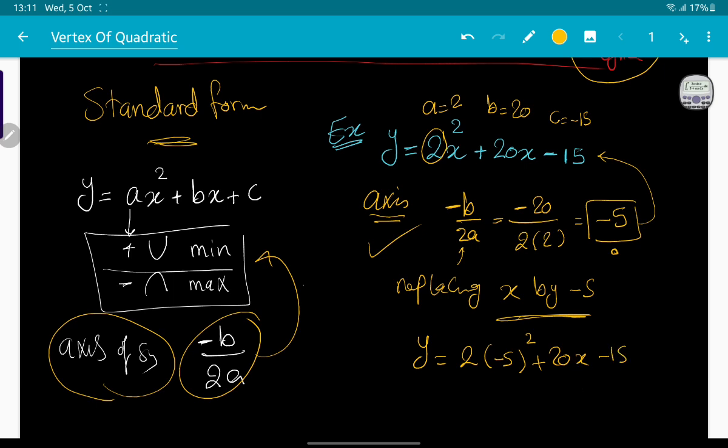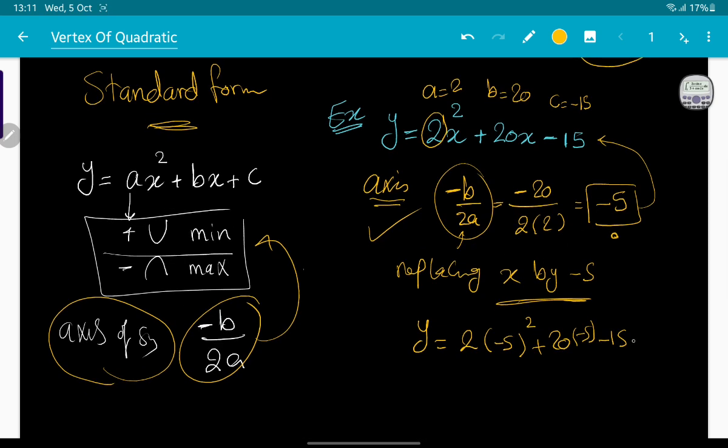We used negative 5, the answer that we got from this formula, and I need you to keep this by heart, because this is the key to find the axis of symmetry. Then you will use the answer to find the rest of the question. When you calculate this using calculator, this is negative 75. So now you have the vertex. The vertex is negative 5, negative 75.